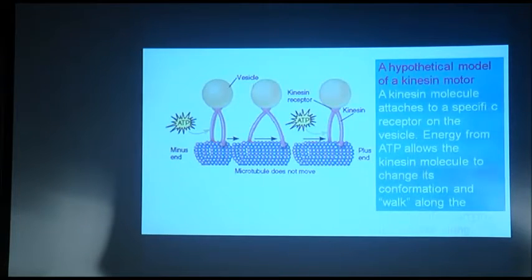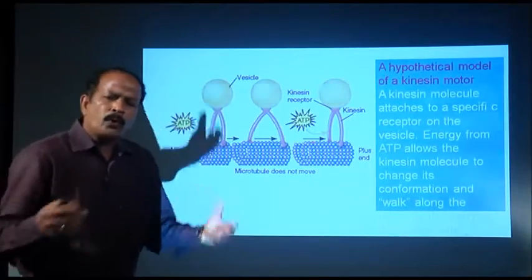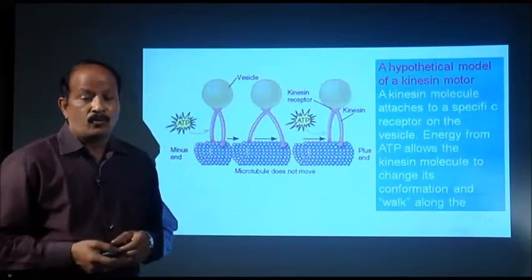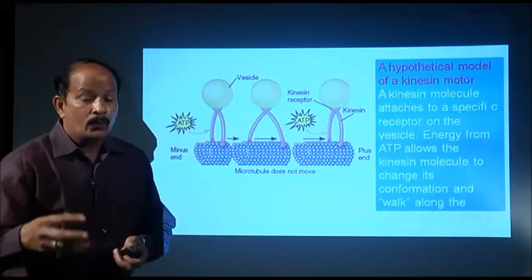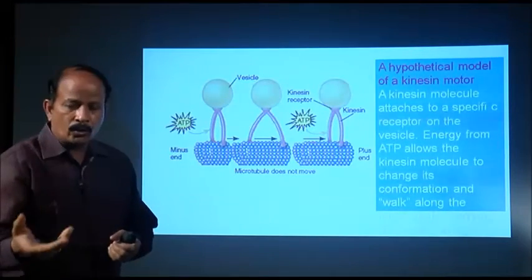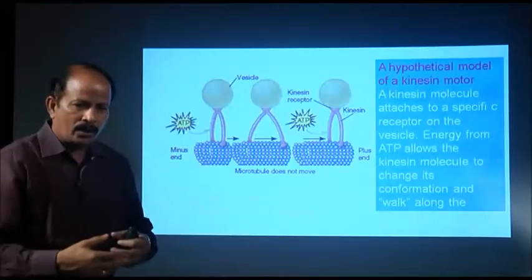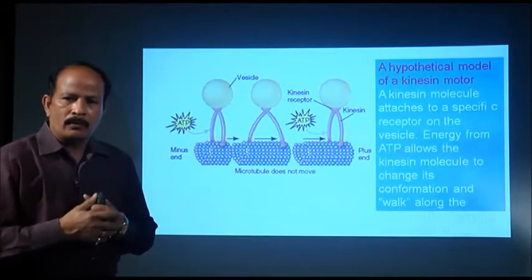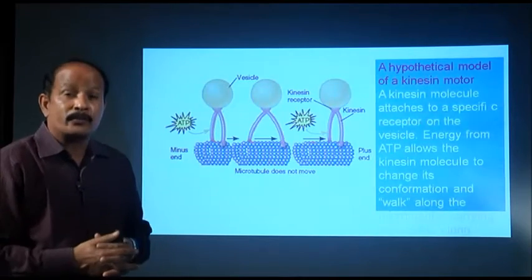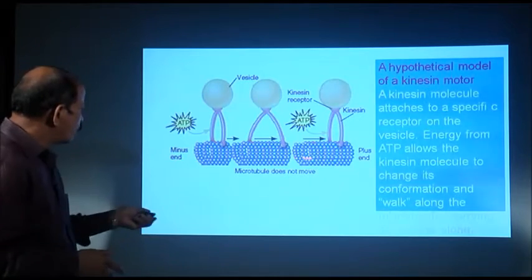None of us, even me, can see these structures, but by computer generated models, microscope photographs, whether electron or fluorescence, and biochemical assays, we students are gradually developing concepts regarding this. So, here this is a microtubule.